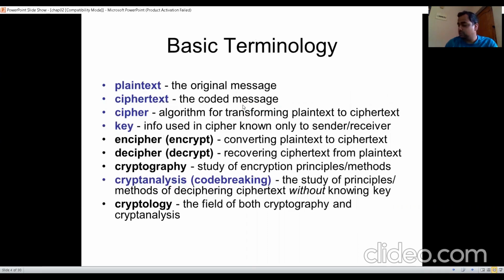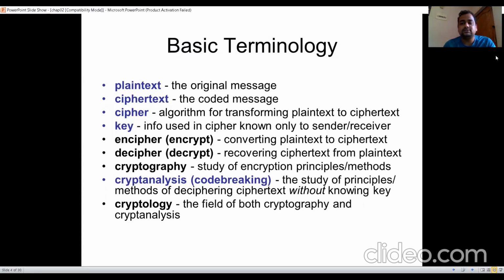Now, to start the concept of cryptography, we have to know some basic terms, or terminology, associated with cryptography. The first term is plain text. What is plain text?